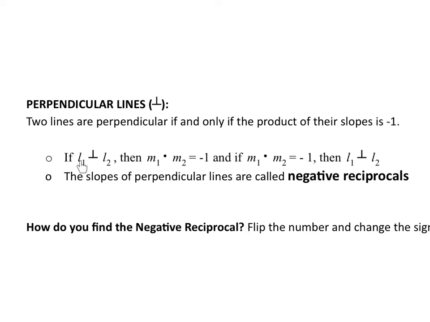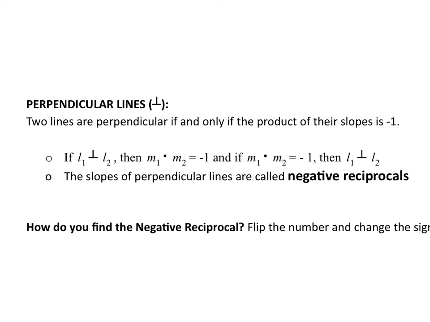So therefore, we can say that line 1 is perpendicular to line 2 if the multiplication of their two slopes gives you -1. Similarly, if I take the slope of one line and multiply it with the slope of another line, and I happen to get -1, then I can conclude that line 1 is indeed perpendicular to line 2.